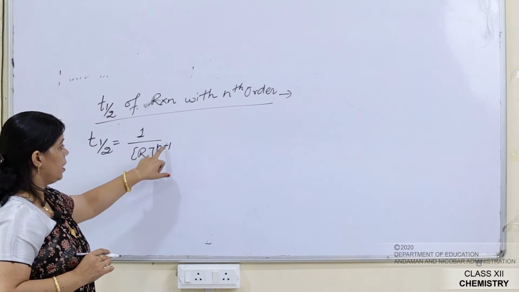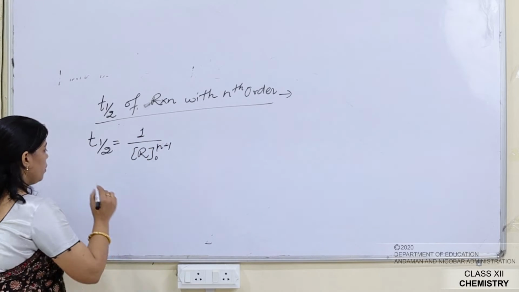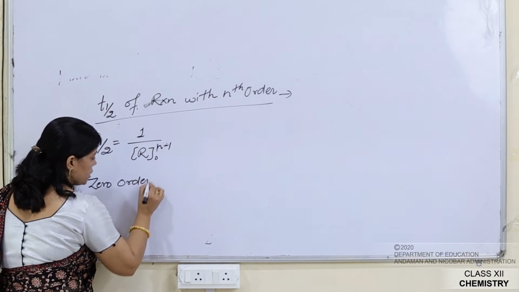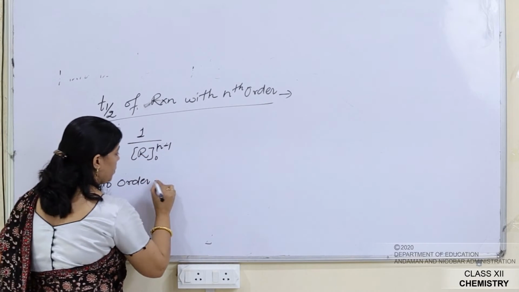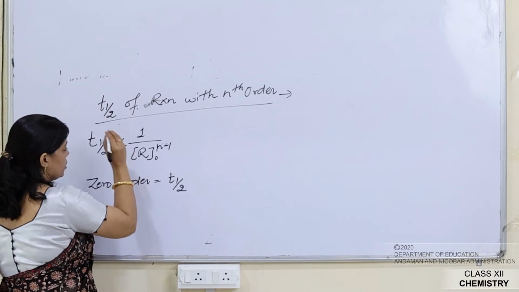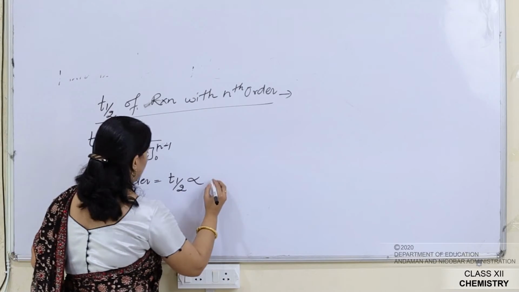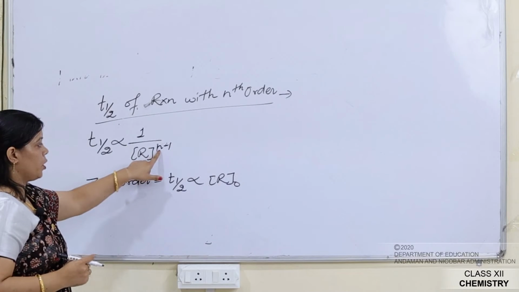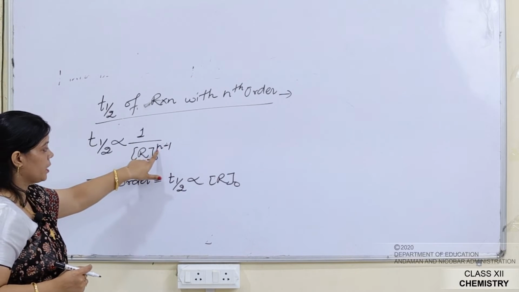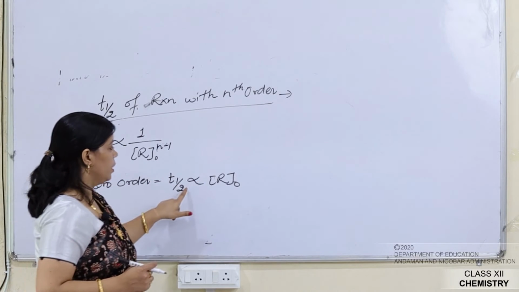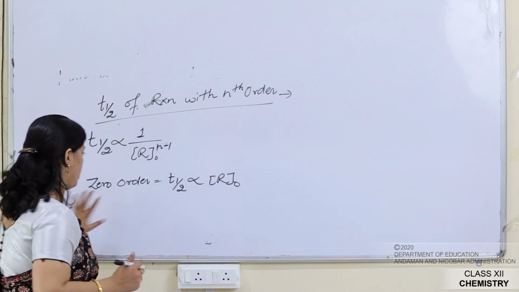Here n is the order of the reaction. So for zero order, what is the value of n? That is 0. It means the T half is directly proportional to the initial concentration of the reactant, because 0 minus 1 means minus 1, and here R naught is raised to the power of 1, so it is directly proportional for a zero order reaction.